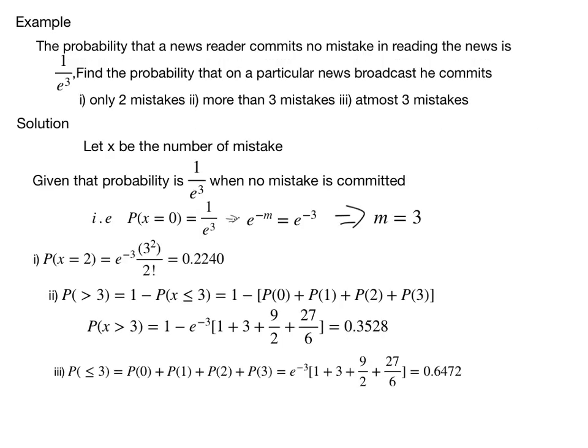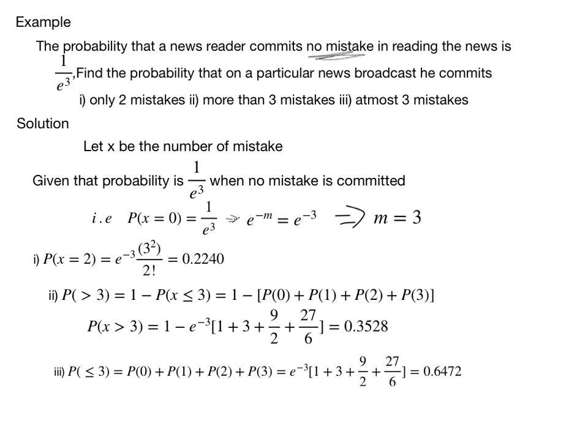Now here is a classic example on Poisson distribution, where nothing has been given for m. We need to find it out and then simplify. The question is: the probability that a newsreader commits no mistake in reading the news is 1 upon e to the power 3. Find the probability that on a particular news broadcast he commits only 2 mistakes, more than 3 mistakes, and at most 3 mistakes.